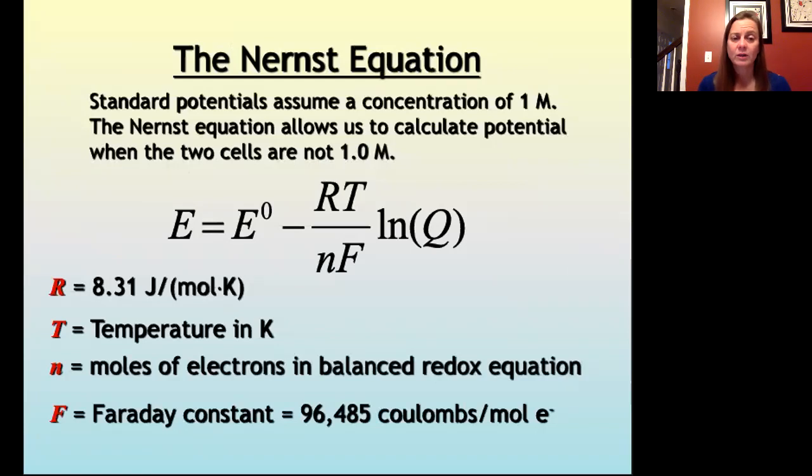The Nernst equation allows us to calculate cell potential when the two cells are not at standard conditions, when they're not at 1 molar concentrations.